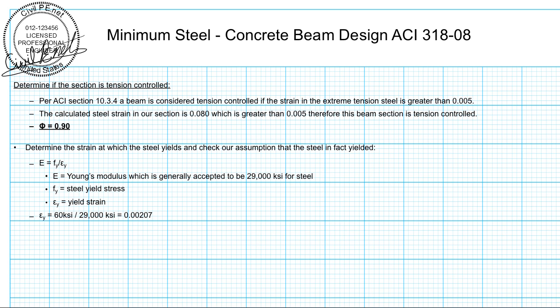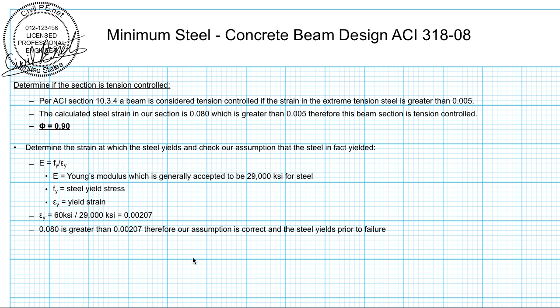Substituting in, the yield strain is equal to the yield stress, 60 ksi, divided by Young's modulus for steel, 29,000 ksi, which is equal to 0.00207. The strain in our steel is 0.08, which is much greater than this 0.00207. Therefore, our assumption is correct, and our steel yields prior to failure.